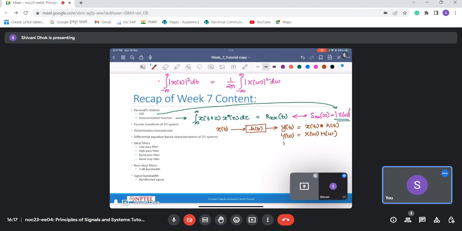This H of omega is equal to Y of omega upon X of omega, and this is known as the transfer function of your LTI system. This is similar to what we have with the Laplace transform. It is nothing but the convolution property resulting in multiplication in the frequency domain, and the transfer function is simply the Fourier transform of the output upon the Fourier transform of the input.